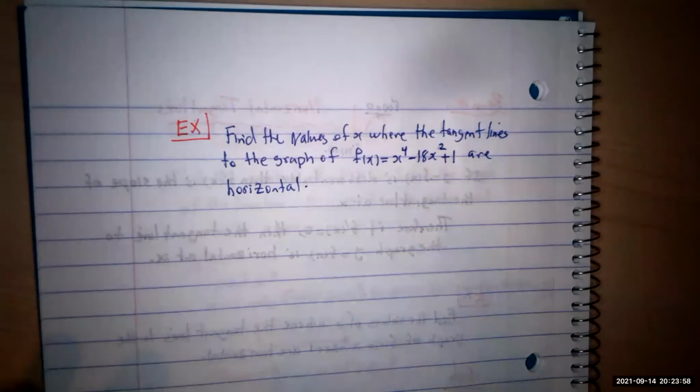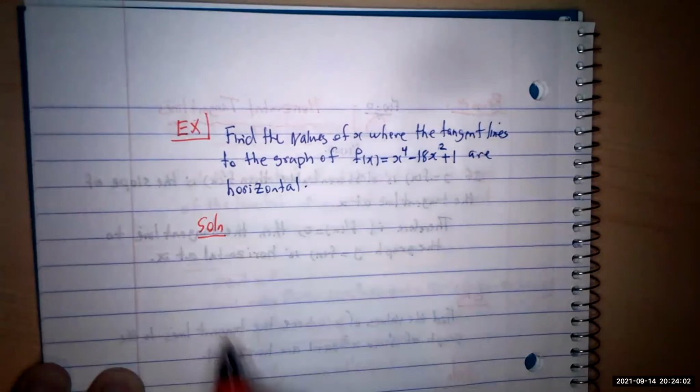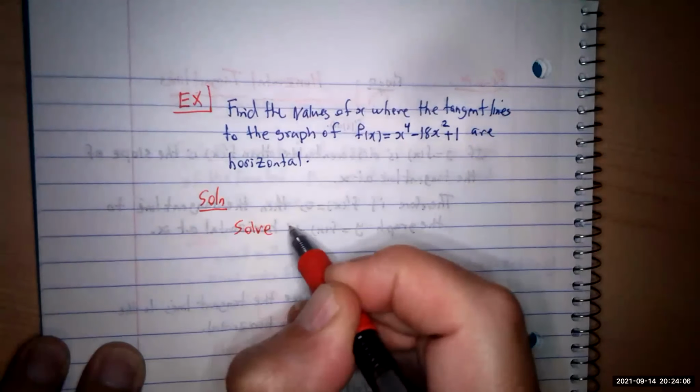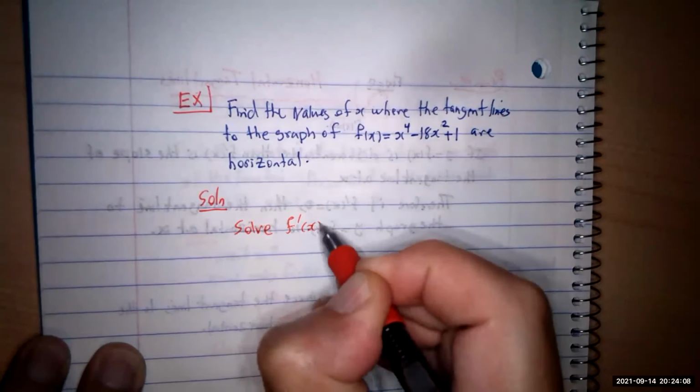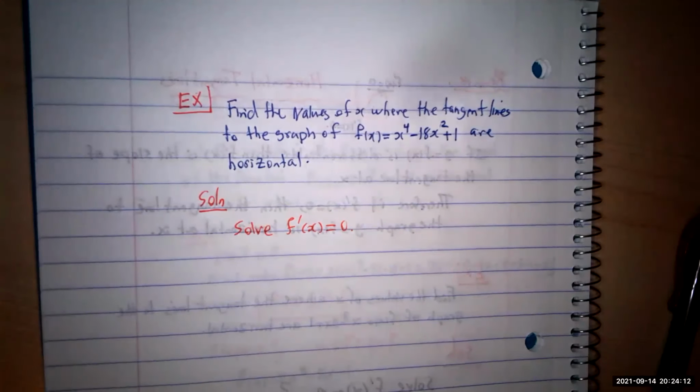So the solution is to solve the equation f prime of x equals 0. Carefully differentiate it, and then use the factoring method to solve that equation to find the critical values if you like.